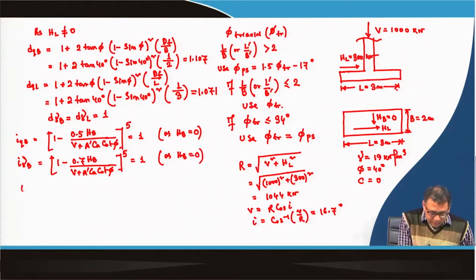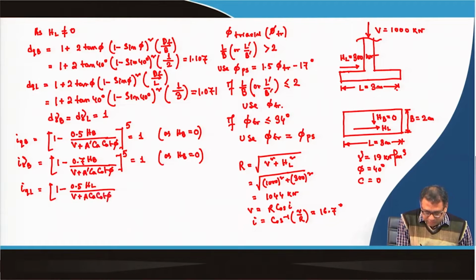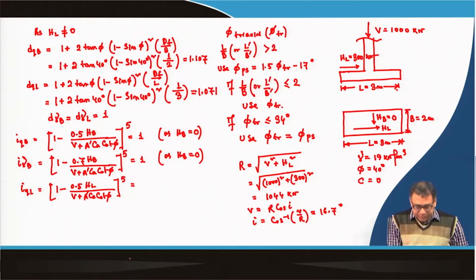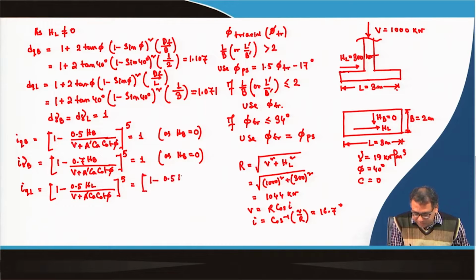And then now iQL, which is 1 minus 0.5 HL divided by V plus A dash C A cot phi, because A dash is the same. As C is 0, this part will be 0. So the equation will be 1 minus 0.5 HL divided by V only, to the power 5.